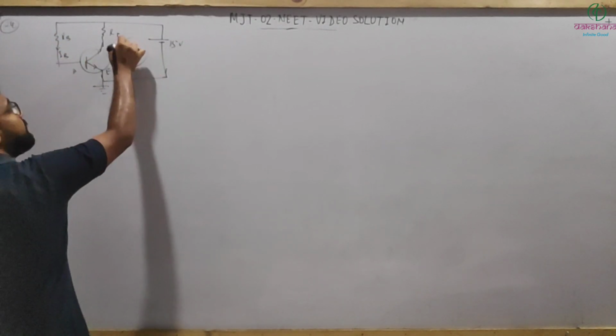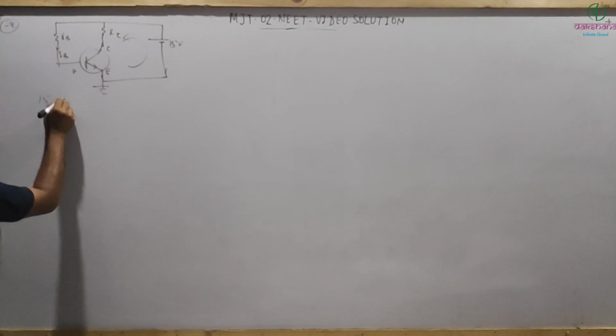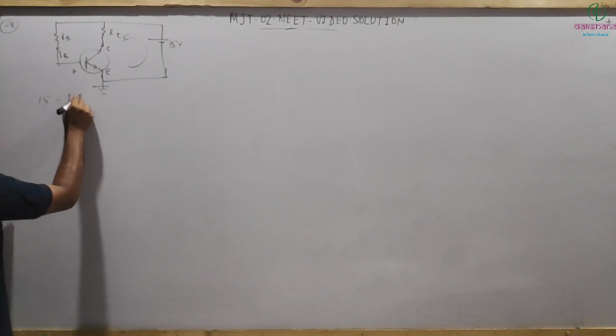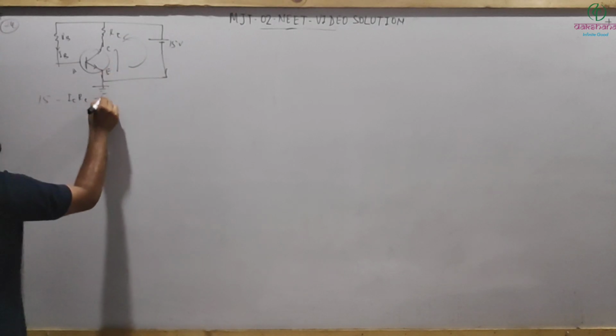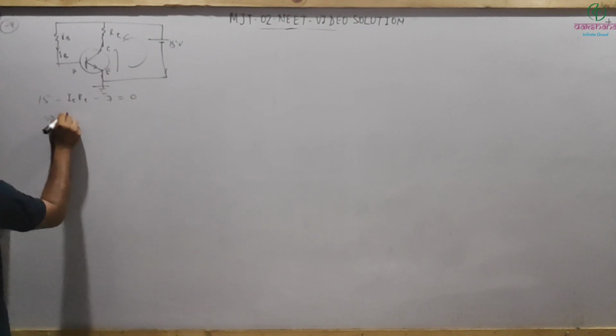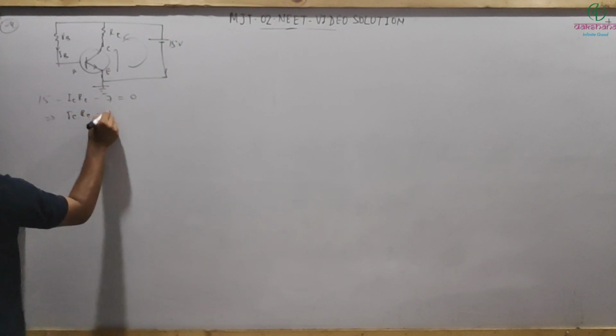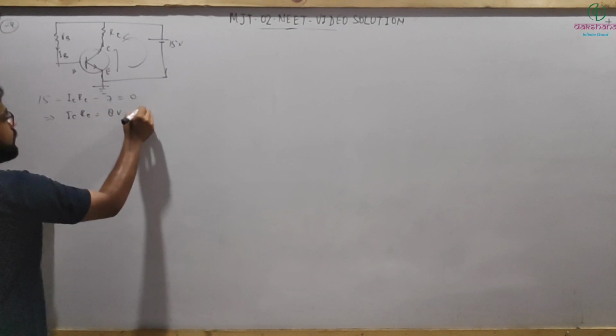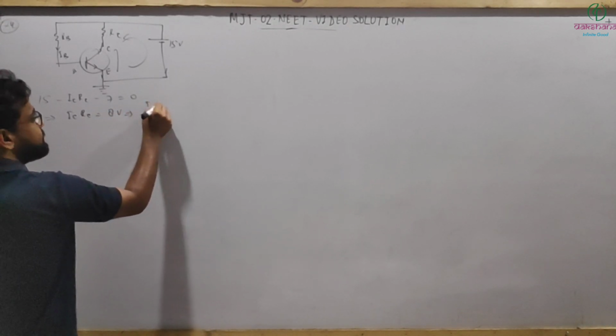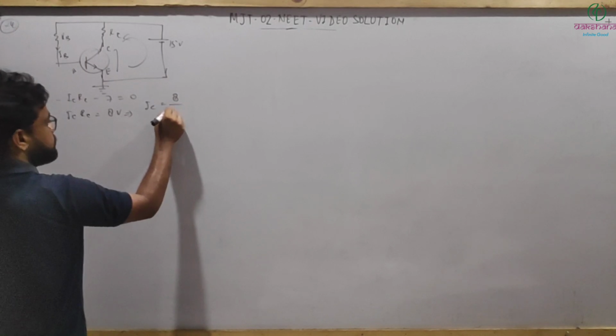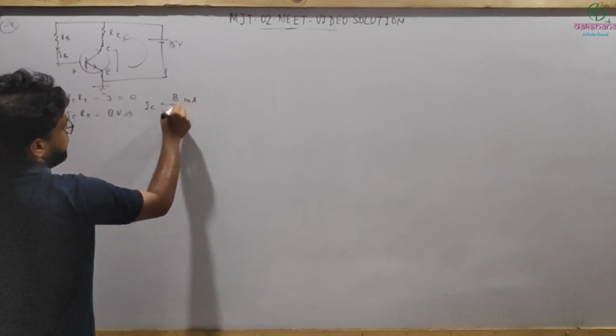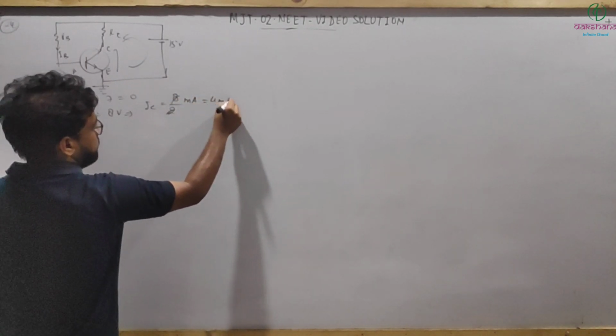तो इसमें अगर KVL लगाते हैं आप, and then it's 15 minus IC RC and across this it's minus 7 equal to 0. This implies IC RC equal to 8 volt and RC is given, so IC is equal to 8 divided by RC 2 kilo, so milliampere, that's equal to 4 milliampere.